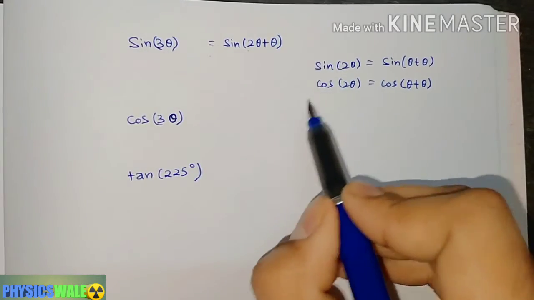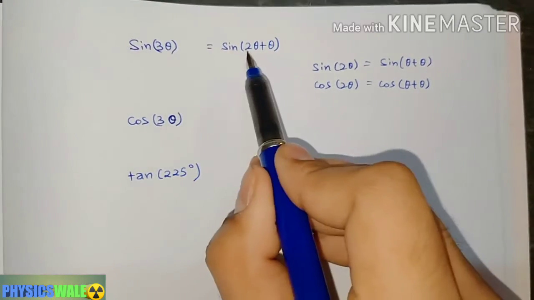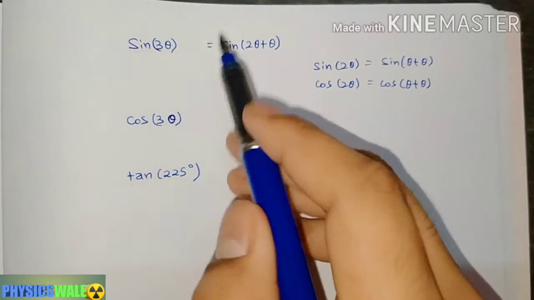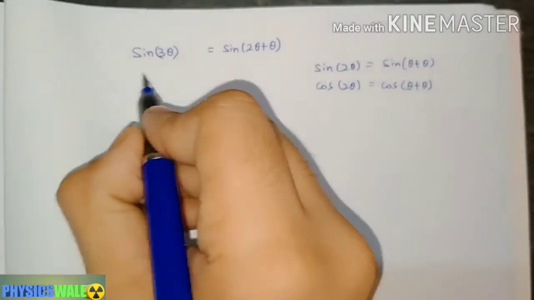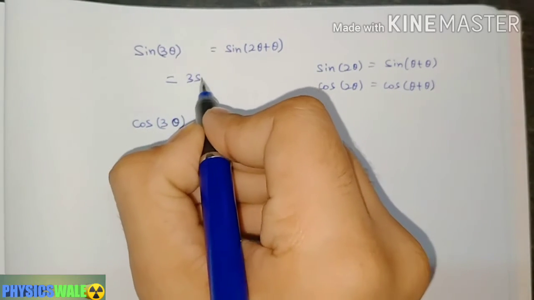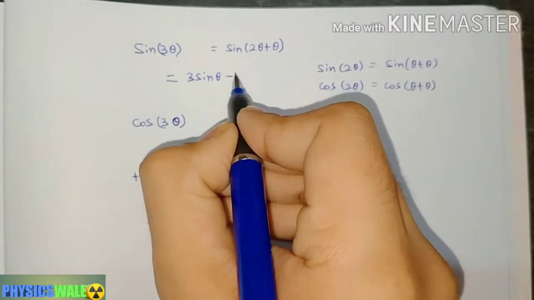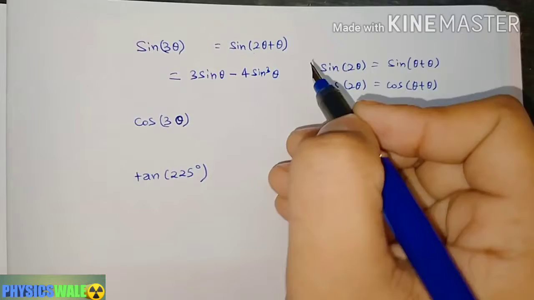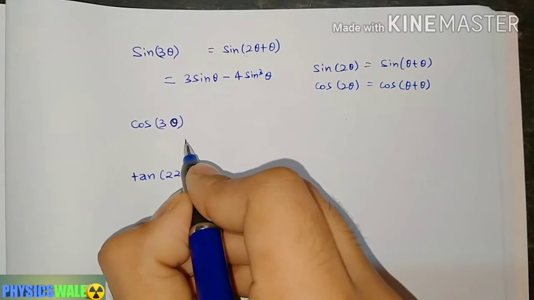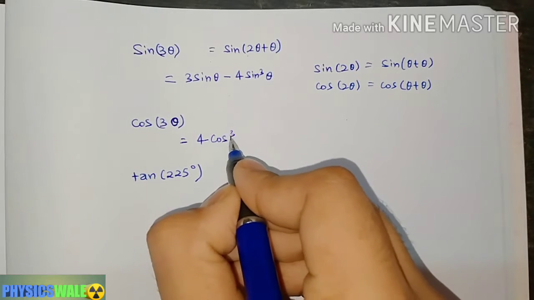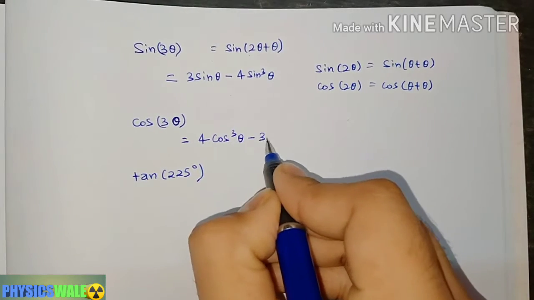We can put these values into this equation where we can calculate the values for sine 3 theta. I hope you must be getting the values of sine 3 theta as 3 sine theta minus 4 sine cube theta. Similarly, we can calculate the values of cos 3 theta as 4 cos cube theta minus 3 cos theta.